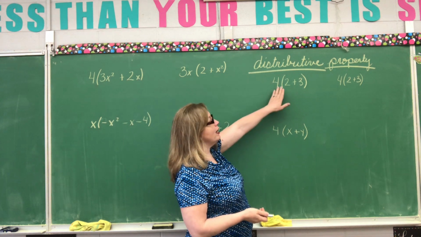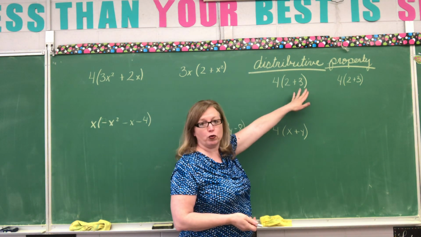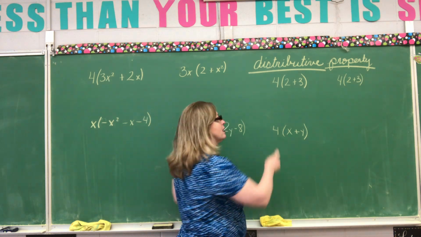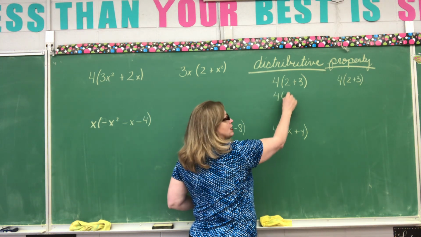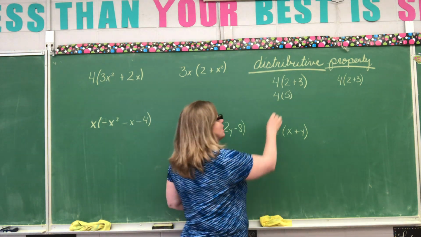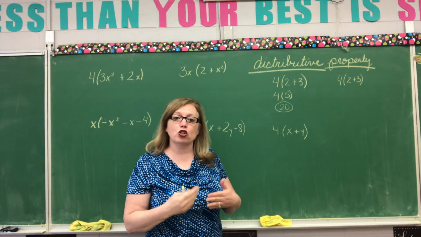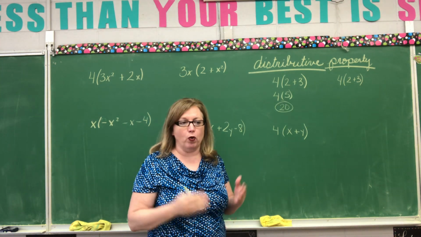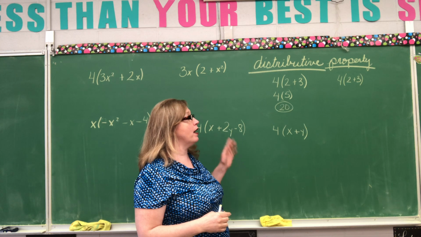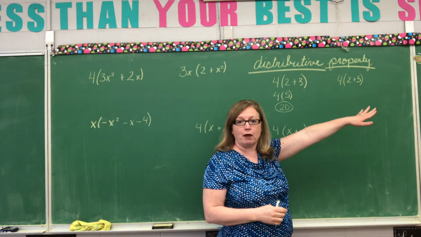Normally, when we work this problem, 4(2 plus 3), you and I would say, well, we're going to add what's in the parentheses and get 5, and 4 times 5 is 20. And that is correct, okay? But if I want to show the distributive property, what I'm really doing is multiplying 4 times 2, then multiplying 4 times 3.